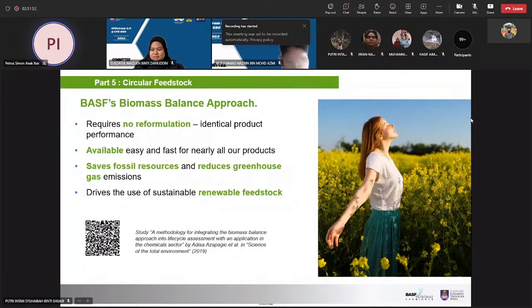This approach will also drive the use of sustainable renewable feedstocks. At the bottom, if you want to know more about the biomass balance approach, there is a methodology for integrating the biomass balance approach into the LCA, with applications in the chemical sector. Okay, next.